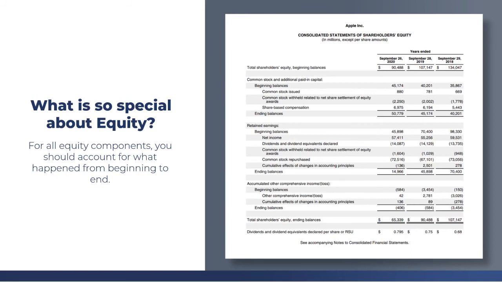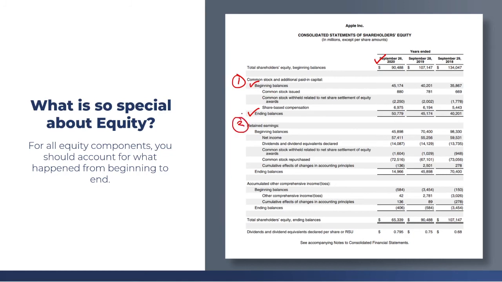The one in the slide is the September 2020 financial statements of Apple, the one that makes iPhones. It is a listed company, so it's readily available online. As I have said, for equity balances, you have to account for what happened from beginning to end for all components of equity.